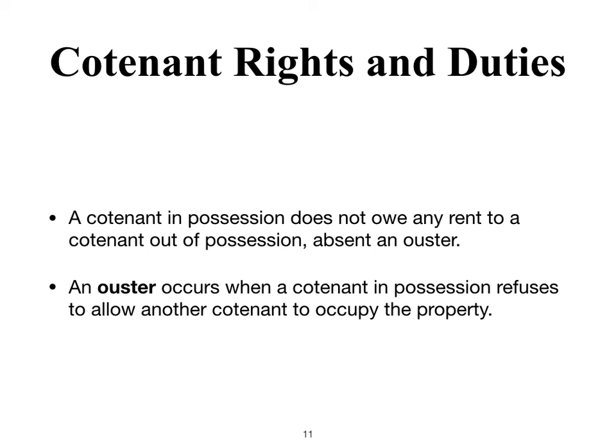All right. So we talked about the right to occupancy. We talked about ousting. The second right we can talk about as far as co-tenants are concerned is sharing rents and profits. So each co-tenant is entitled to a proportionate share of all the rents and profits that come from the land.